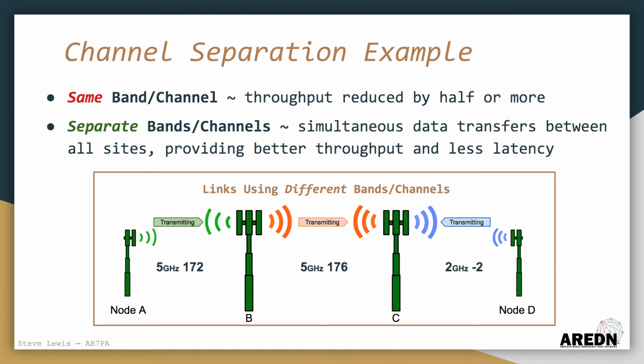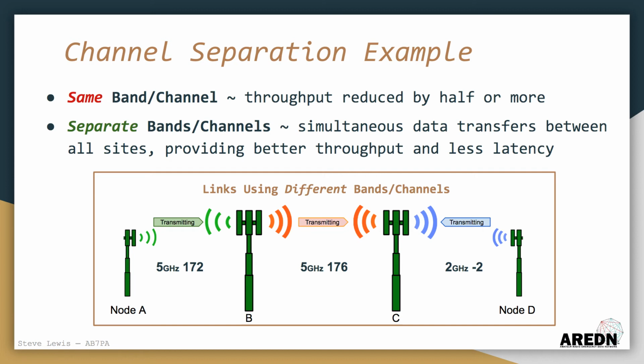For example, the link between node A and tower B could use 5 GHz channel 172. The link between the tower nodes could use 5 GHz channel 176. And the link between tower C and node D could potentially use 2.4 GHz channel -2.